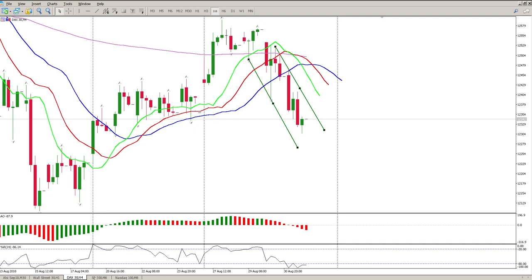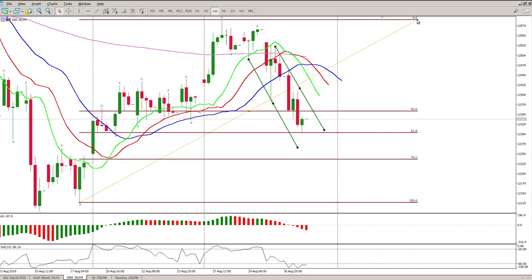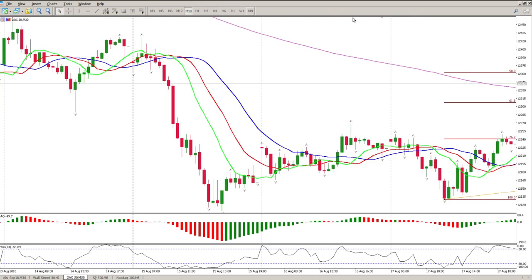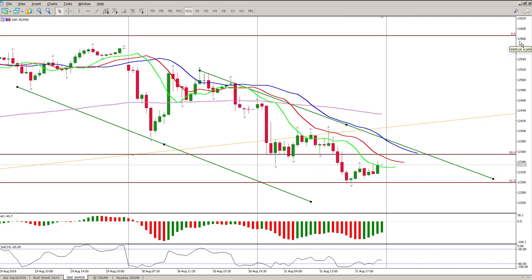We are channeling to the downside, and we are in a pretty significant Fibonacci zone between the 50 and the 61.8. So, basically, anything can happen here. Okay. So let's just have a look.